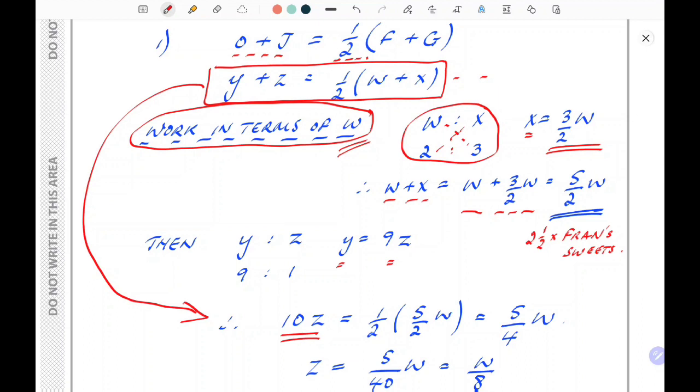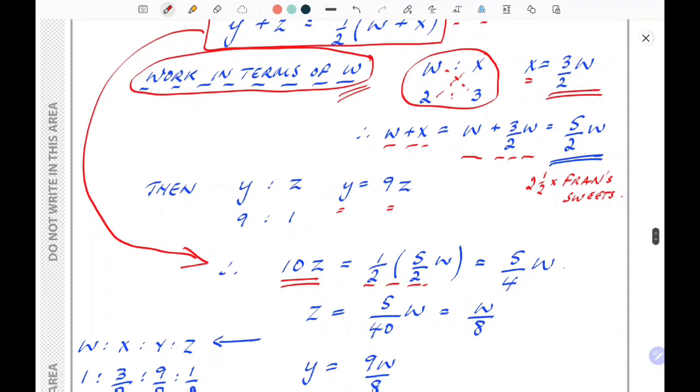So 10Z equals half of the total for Fran and Gary, all right? Tidying this up, 5 over 4, and then there's a 10 on this side.